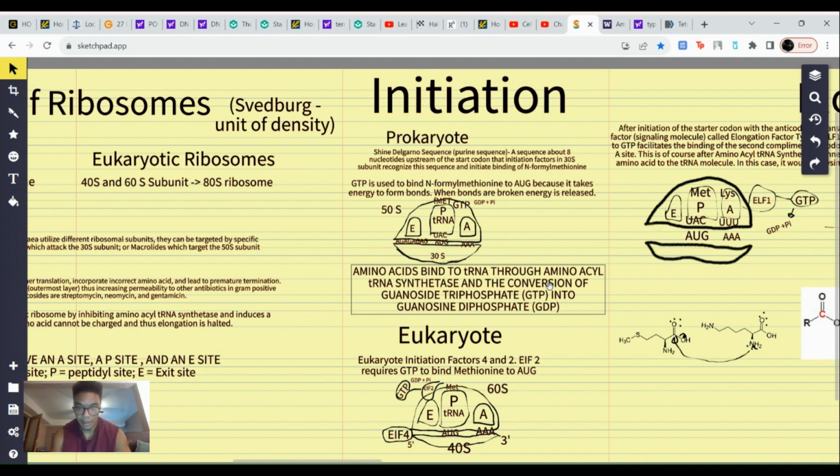It's a large amount of adenine and guanine, a sequence about 8 nucleotides upstream of the start codon. The start codon is AUG, which codes for methionine. In prokaryotes, it encodes for N-formyl methionine.